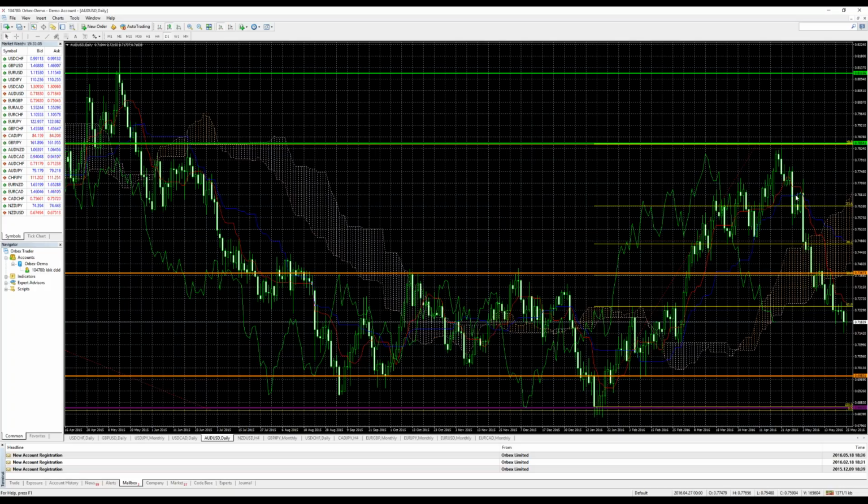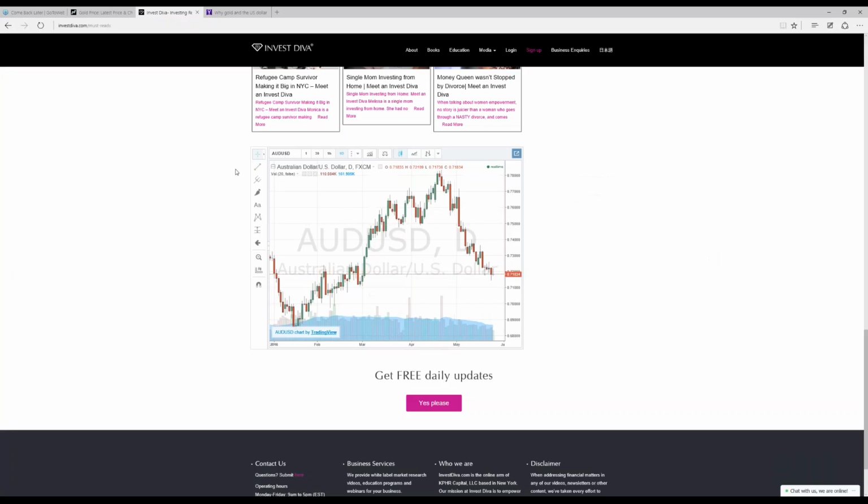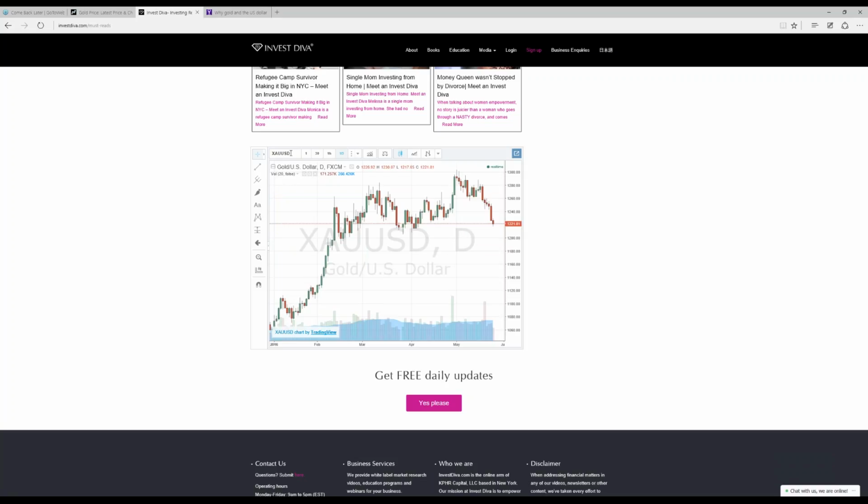So we have the Aussie dollar going down, and then if we take a look at the symbol for gold versus US dollar, which is XAUUSD, as you can see, at least right now in the past few months, they have had a positive correlation.